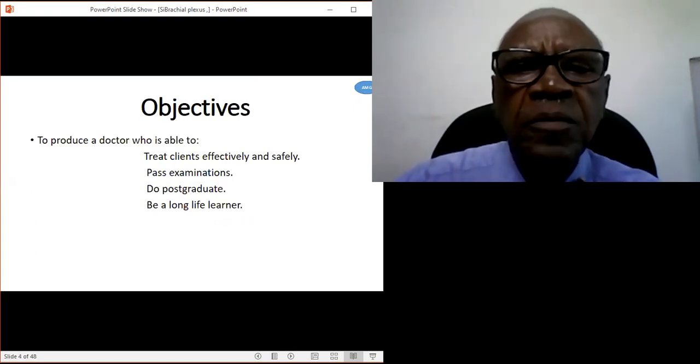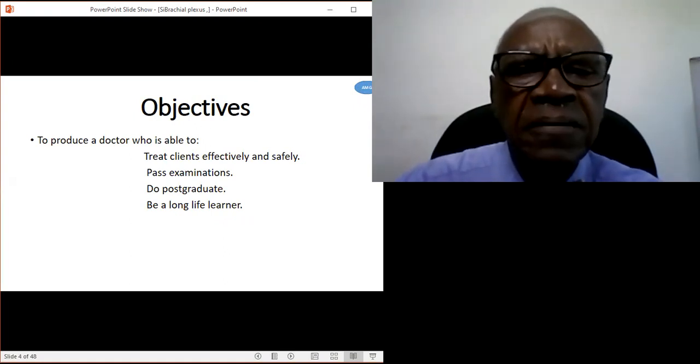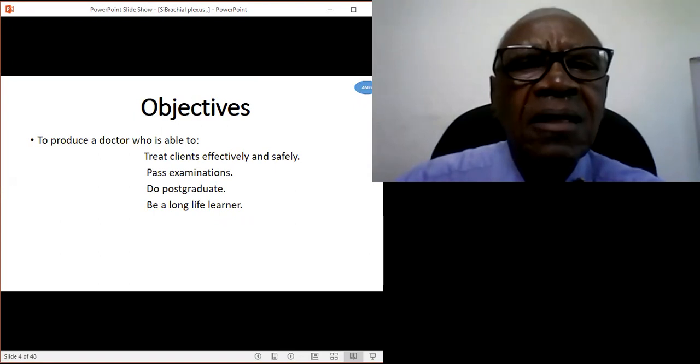The objectives are to produce a doctor who is able to treat clients effectively and safely, pass examinations, do postgraduate studies, and be a lifelong learner.